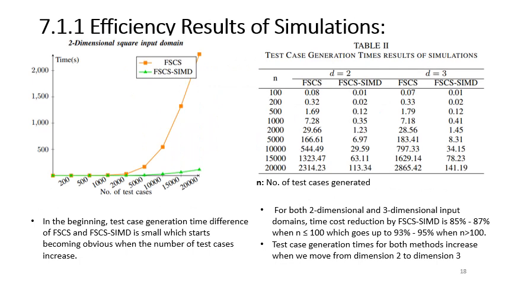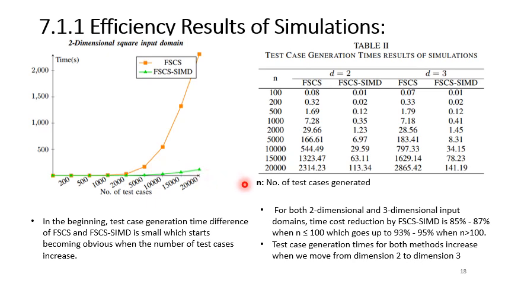In terms of efficiency, the table is plotted for 2-dimensional and 3-dimensional input domains, where n is the number of test cases generated, and this is the time taken to generate this number of test cases using FSCS and using FSCS-SIMD. We can see the graph plotted here. In the beginning the test case generation time difference is small, which starts becoming obvious when the number of test cases increases.